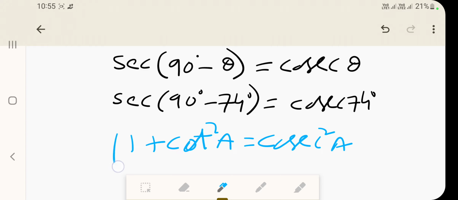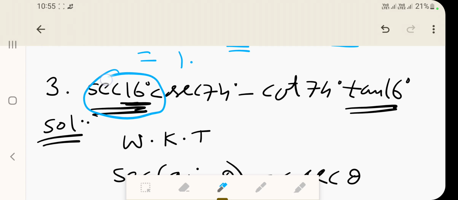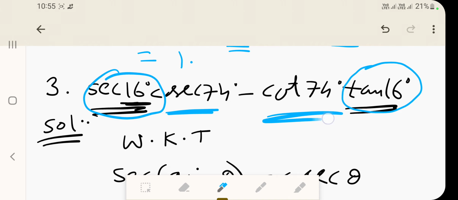So we are going to change this secant to cosecant, so we get cosecant square here, and this tan to cot, so we get cot square. You have to be careful when you change.